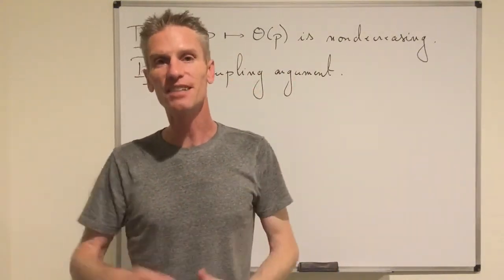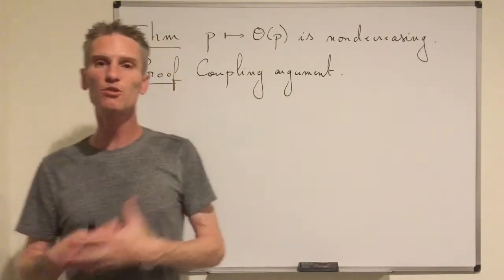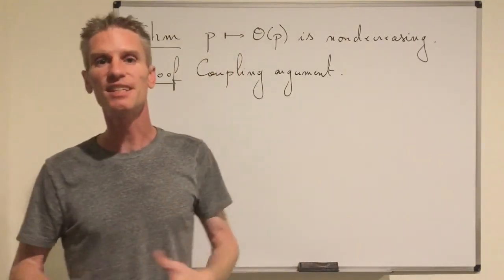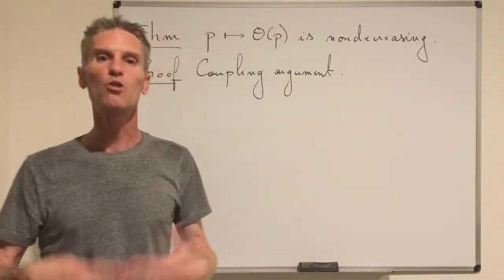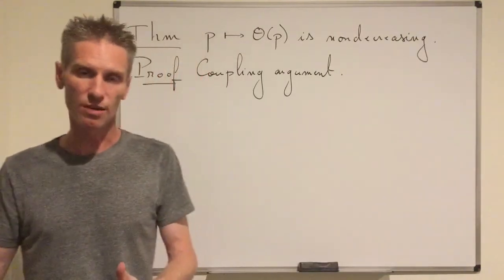So that's the idea of a coupling argument. That's something that you have to use when you deal with objects that are too complicated to be written explicitly, but you can compare them qualitatively by constructing them on the same probability space.